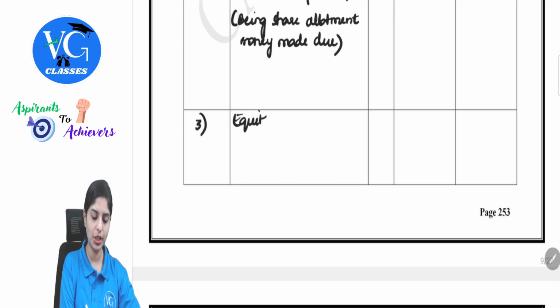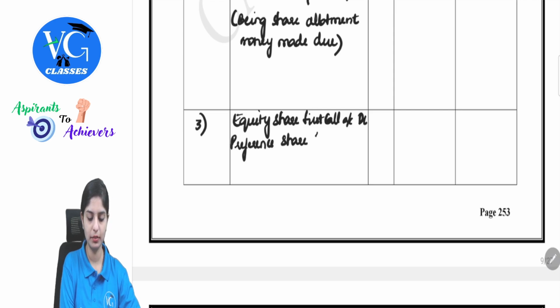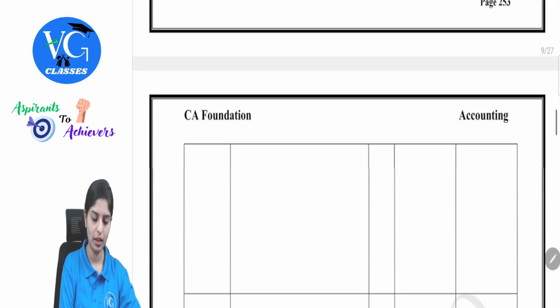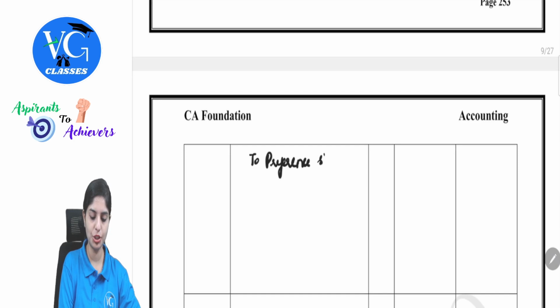So equity share first call account debit, preference share first call account debit, to equity share capital and then to preference share capital.